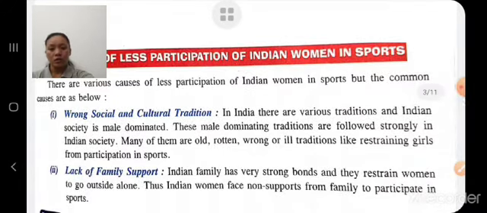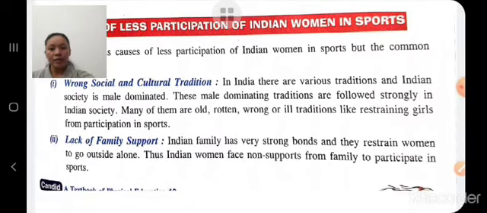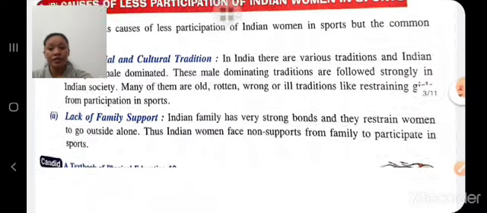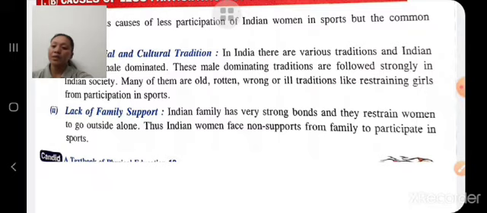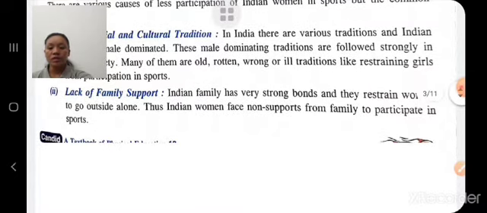Male dominating society, or due to their cultural tradition, lack of family support. Females are also not supported by their family to go outside. They do not support.